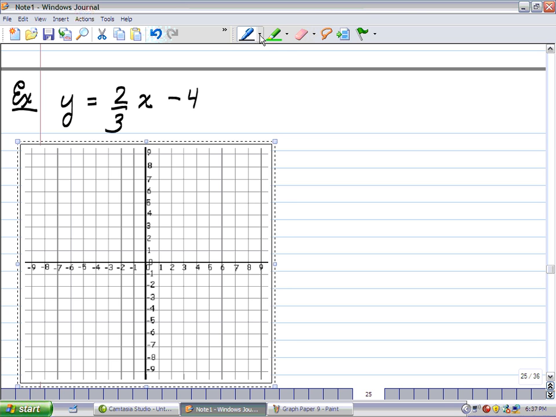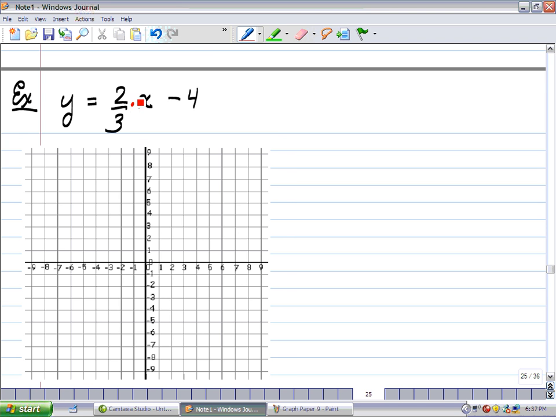Multiplication. And there's an invisible multiplication sign there. So when I make my table, I'm going to want to be careful and choose something so that it will cancel with that 3. So I want to pick a number here that's a multiple of this denominator. So that's going to make life easier.